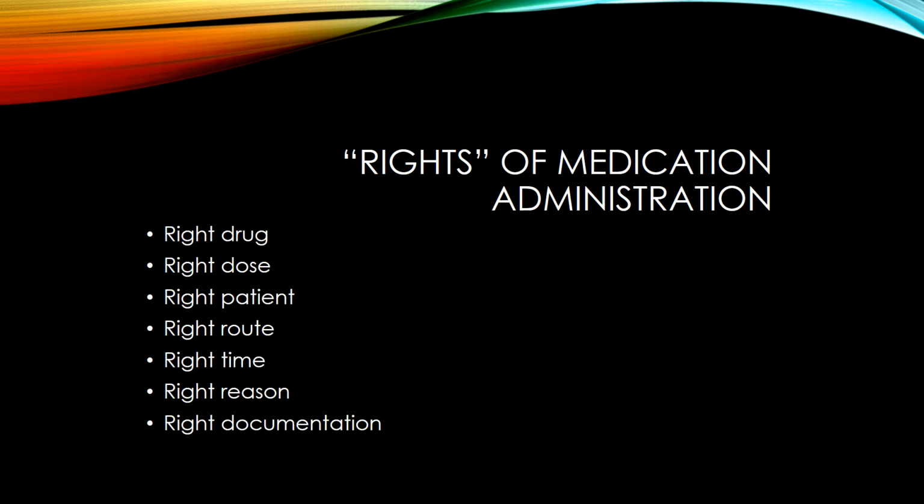Now, let's say you're there giving medicines and you're trying to make sure that you have the right drug, okay? And something in your gut is just saying, this isn't right. Something's not right here. For instance, let's say that you have a chemotherapy drug for cancer that's ordered for your patient. It's in the chart.